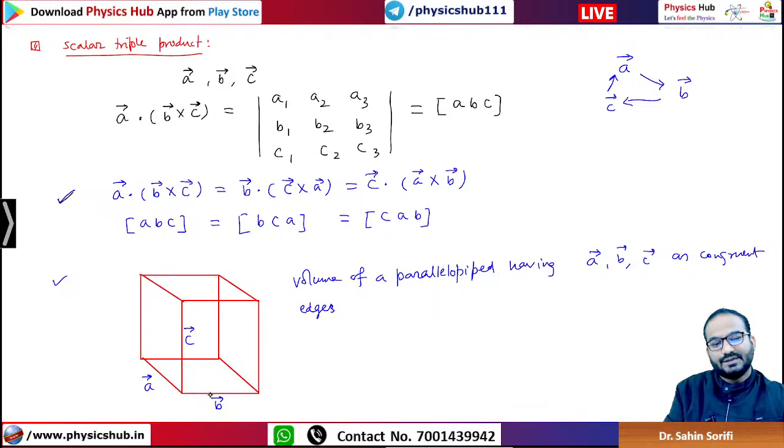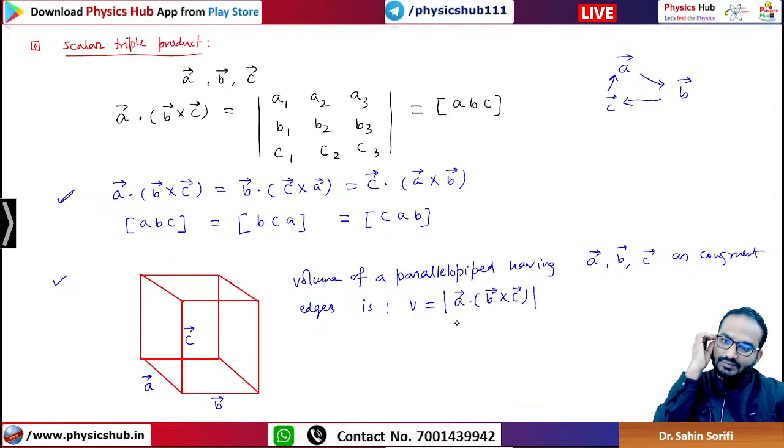So you can see A, B, C, they are coterminous edges. Then the volume V will be expressed as A dot B cross C. So it is similar to writing B dot C cross A. Now volume cannot be negative, so we have to keep a mod symbol. So the modulus of A dot B cross C.